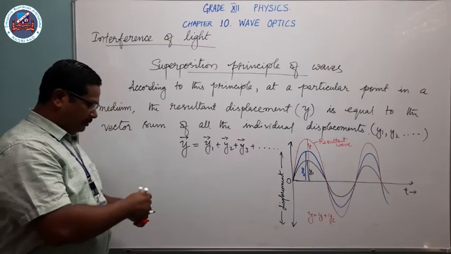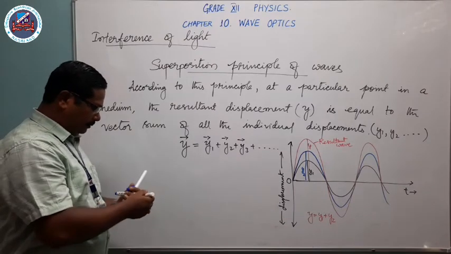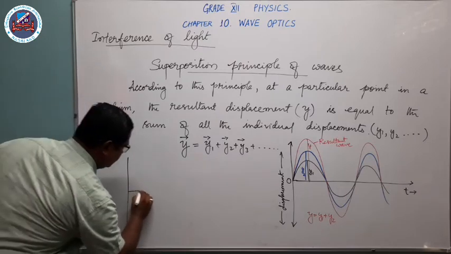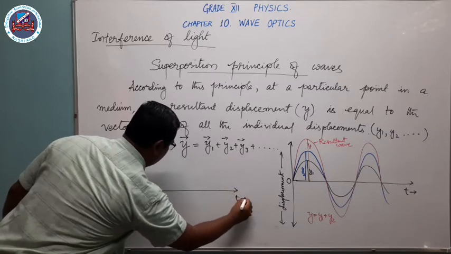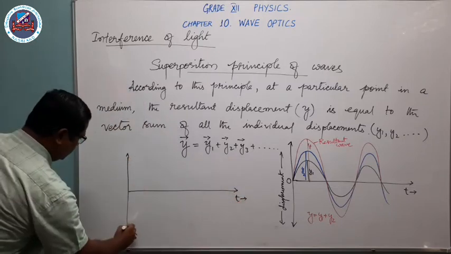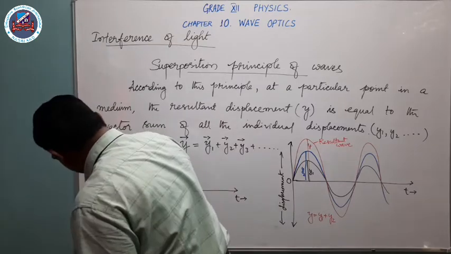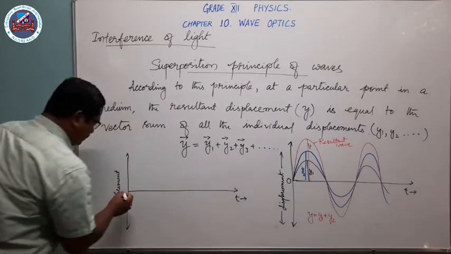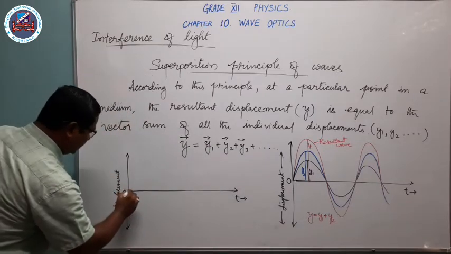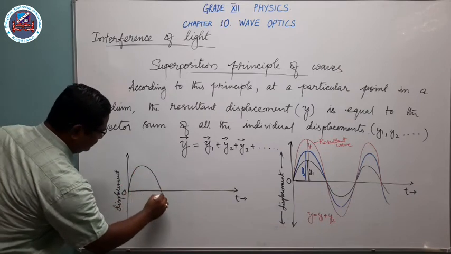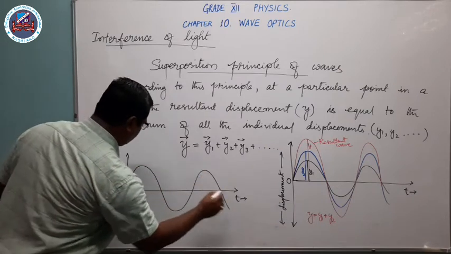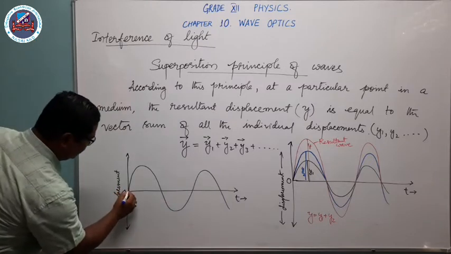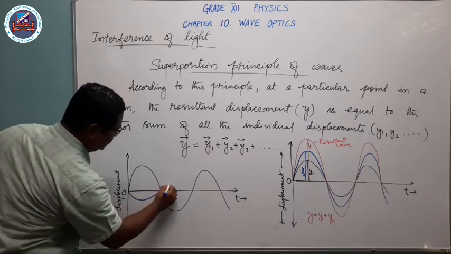Now another diagram, if I draw and show you the superposition principle. Suppose again the same thing, this is time axis, this is your displacement. This is the origin. One wave, say like this, is traveling, and then the other wave, it is coming this way, like this.